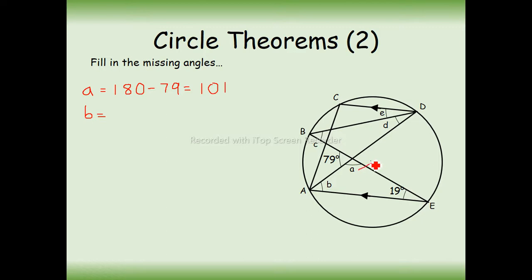So B could be 60. So this is 101, and all the angles combined must go to 180. So it's gonna be 180 minus 101 plus 19.